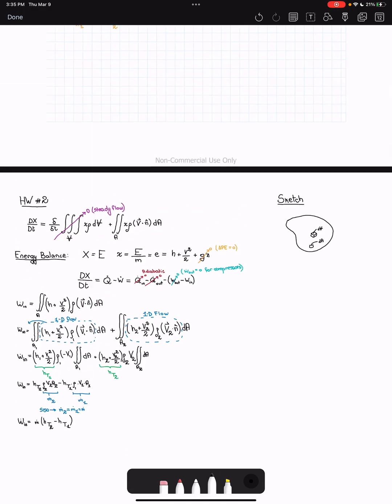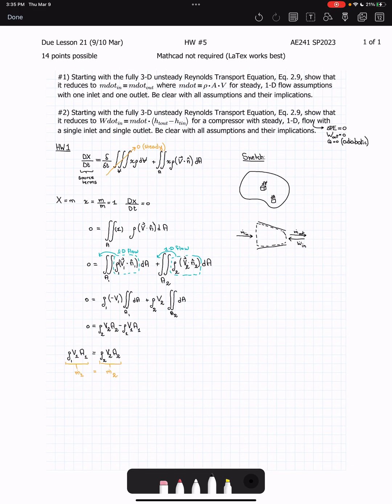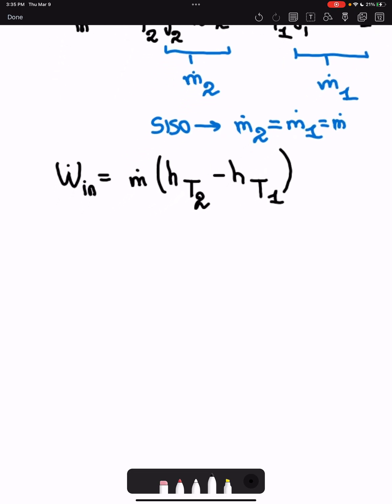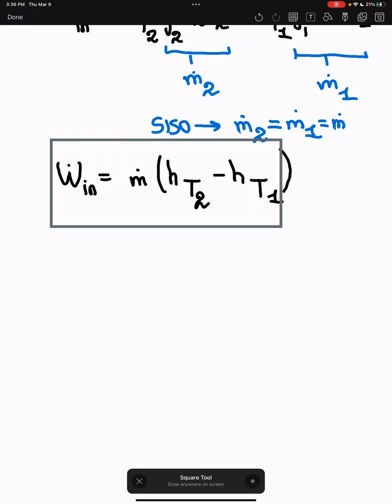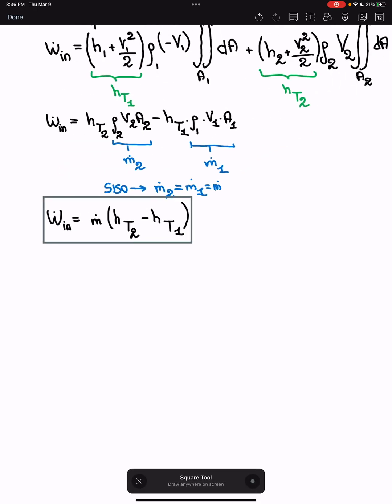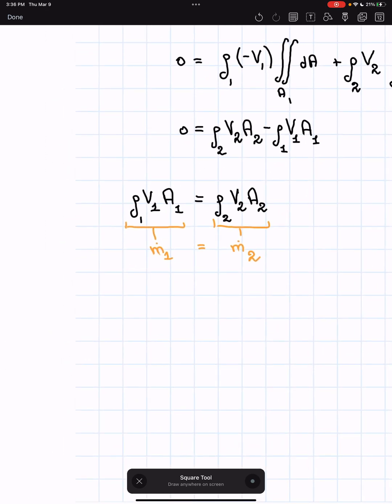Now, they were asking us for w dot over m dot, because we could make it that specific work, but they were asking us for this. So we'll keep that, and we'll box the answer here. That's one answer, and that's the other answer. All right, make sure you document your work, and then you can turn it in.